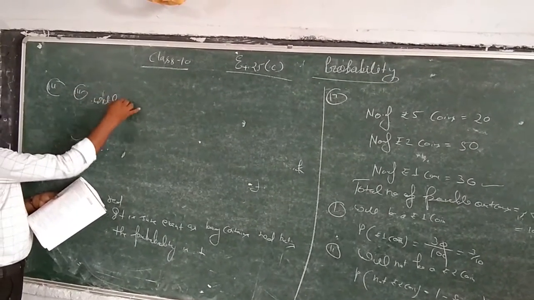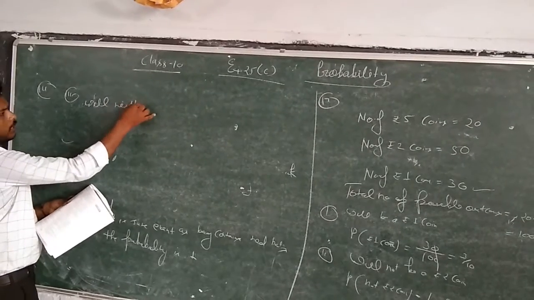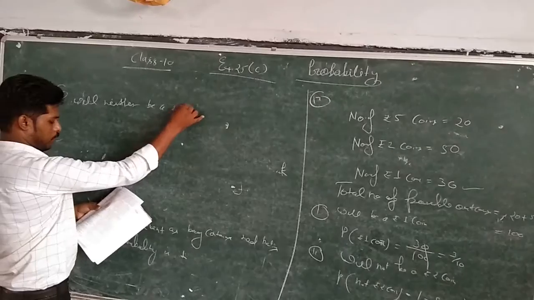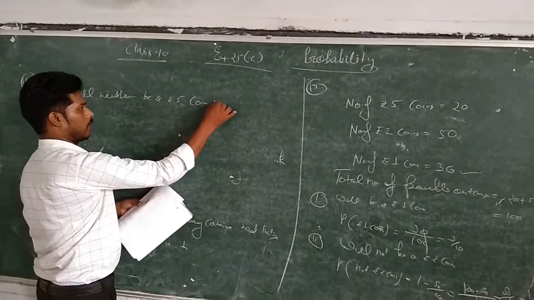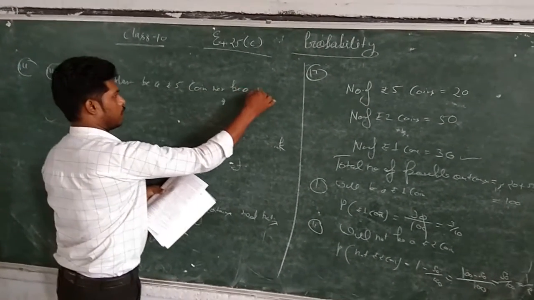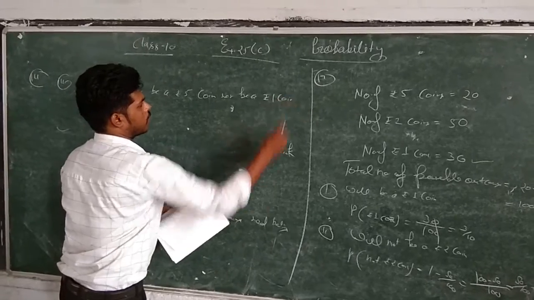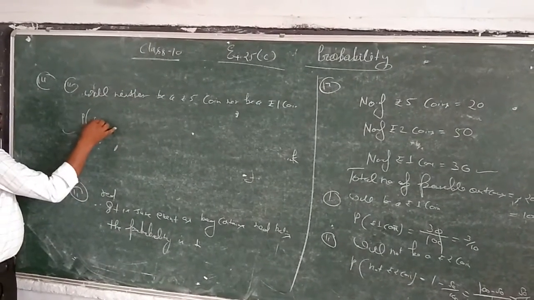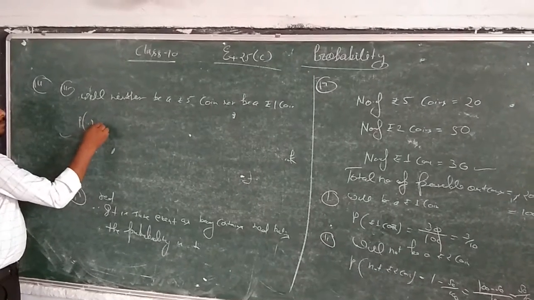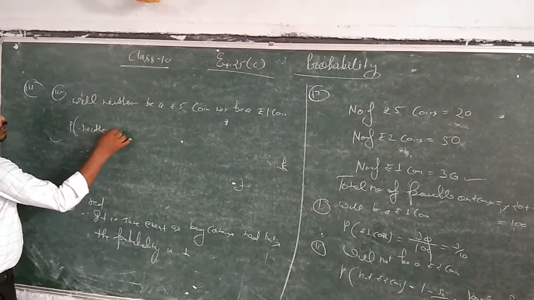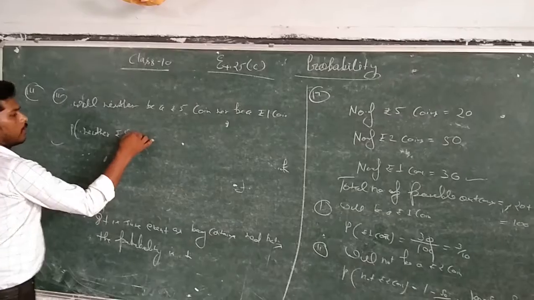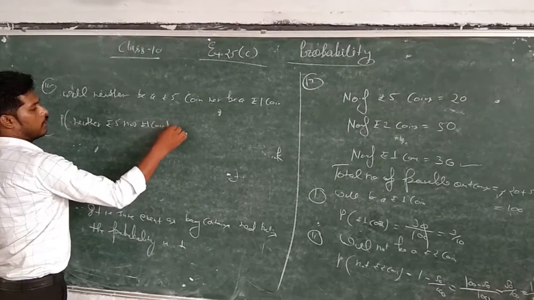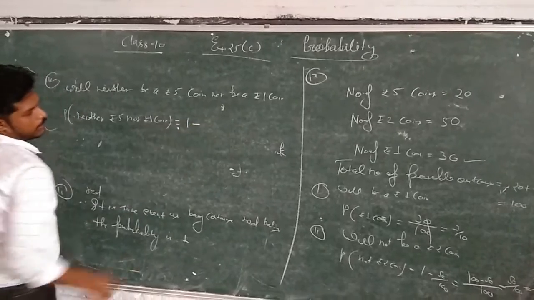Will it be neither a rupees 5 coin nor a rupees 1 coin? So P(neither rupees 5 nor rupees 1 coin) is equal to 1 minus.